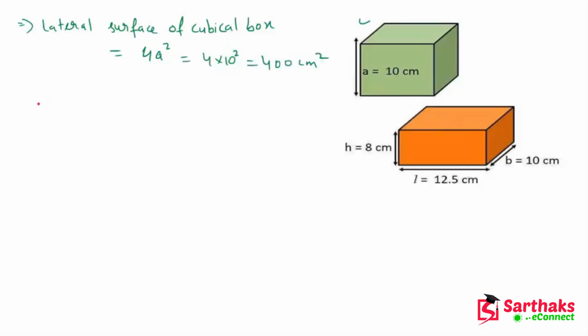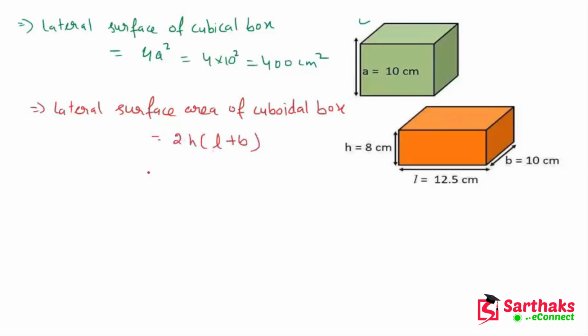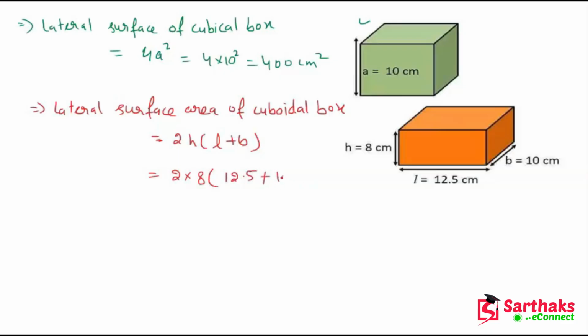Now the lateral surface area of the cuboidal box is equal to 2 into H into L plus B. So 2 into 8 into L plus B, that is 12.5 plus 10.